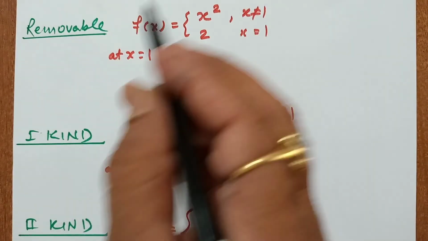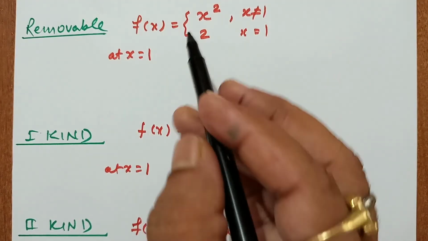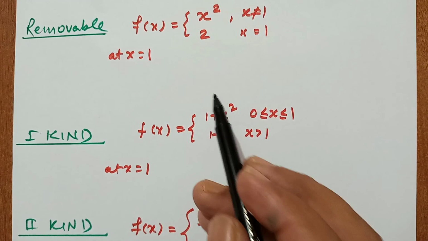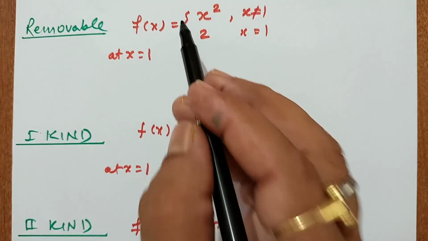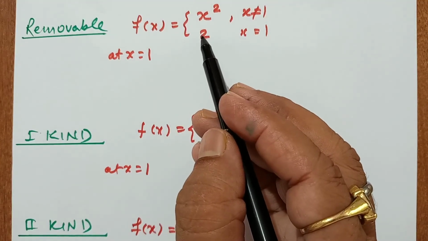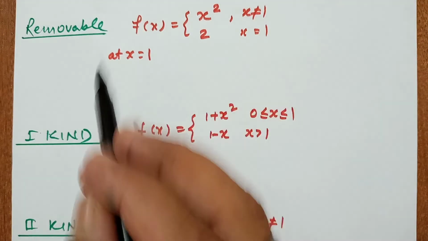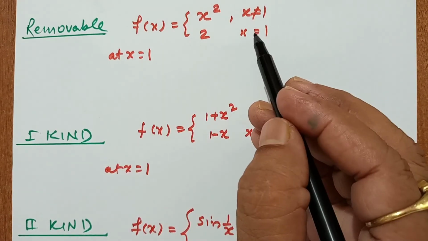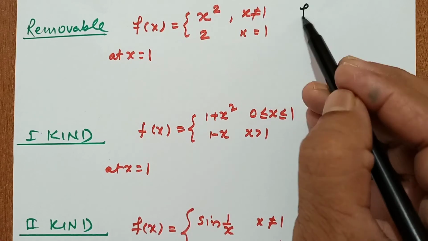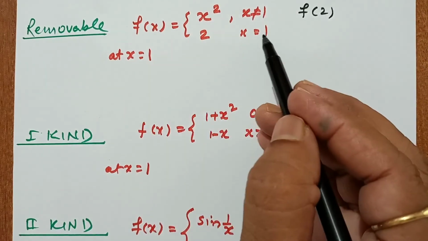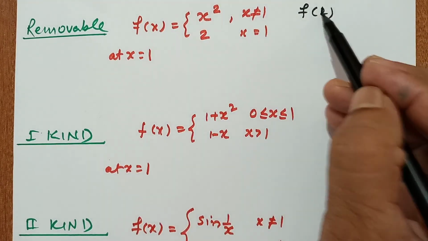Now, first is removable discontinuity, and this is an example. If the left hand limit and right hand limit are equal but the value of the function is not equal. Here the value of the function at x equal to 1 is f of 1 equal to 2.